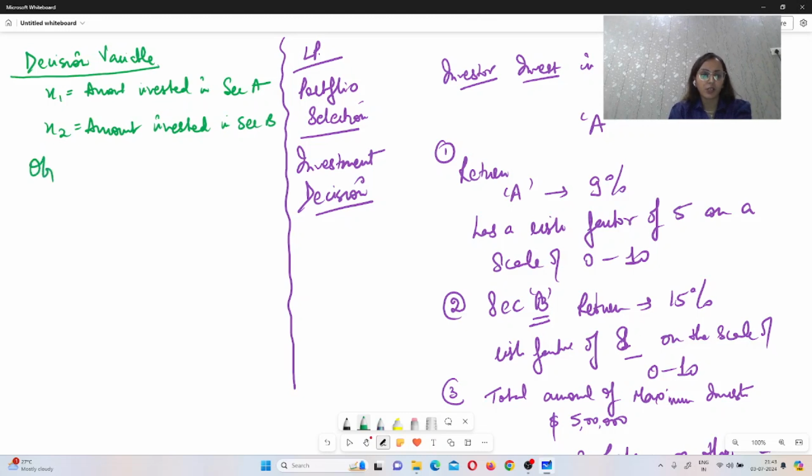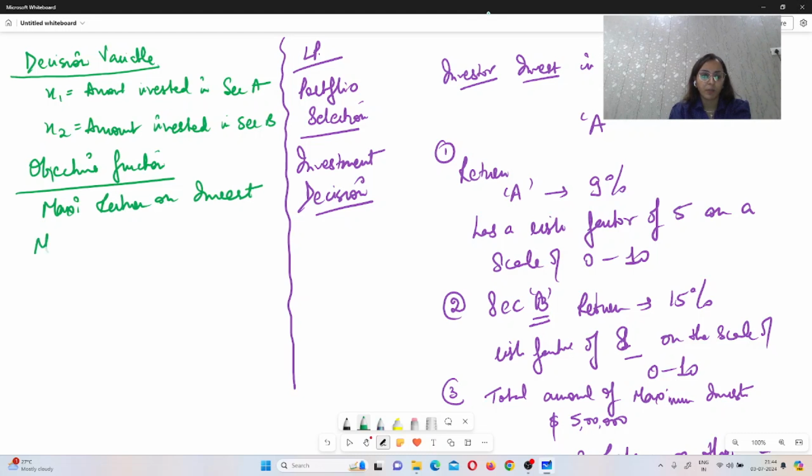The second one is your objective function. That objective function will again be to maximize your return on investment, that we all want to have.